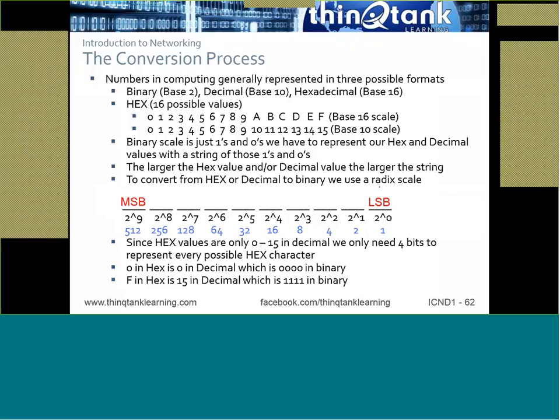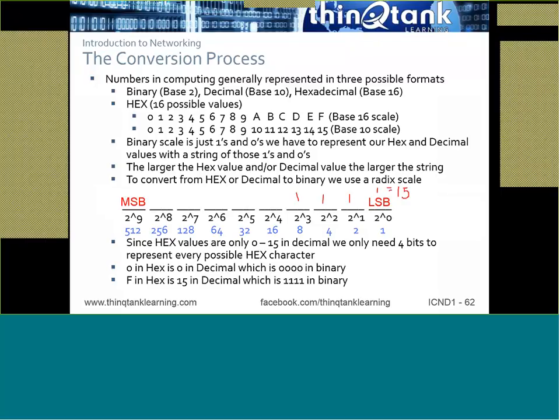Now, since hex numbers only go from 0 to 15, we only need 4 bits to represent every hex character. Because what is 8 plus 4 plus 2 plus 1? What does that equal? 15. That's right.